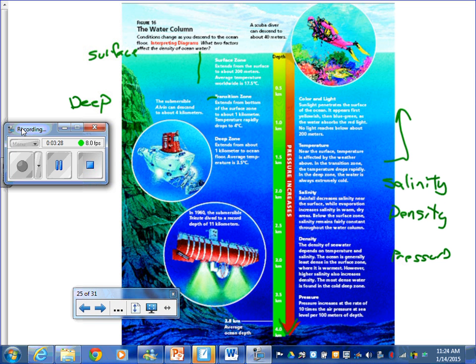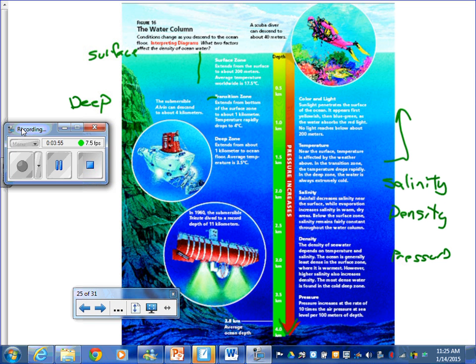Then you get deeper and deeper, and it gets not just colder and darker, but much, much denser. And it's actually very difficult to study the floor of the ocean because of the tremendous amount of pressure. It's enough pressure that it will crush things. And you've probably heard stories about submarines. If they have a problem, they can literally be crushed and destroyed deep underwater.